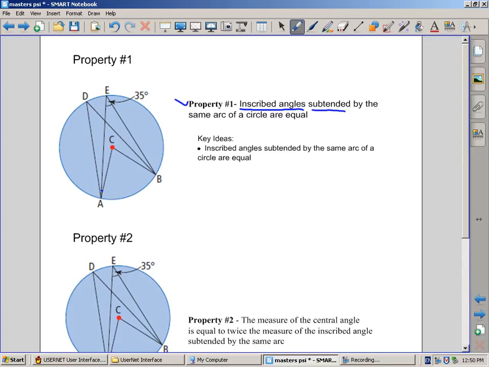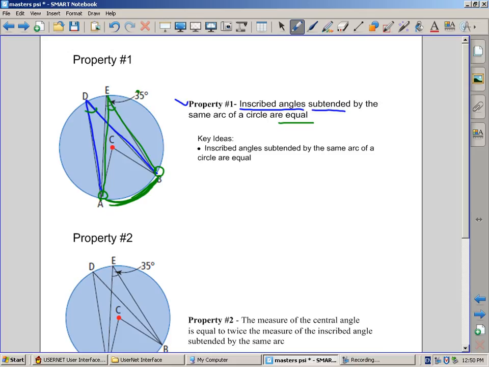Our two inscribed angles: angle ADB is an inscribed angle, and AEB is an inscribed angle as well. To be subtended by the same arc indicates that they share these 2 points right here, and they share the same arc. So these two inscribed angles, here and here, indeed are subtended by the same arc, and what we know about those is that they are equal.